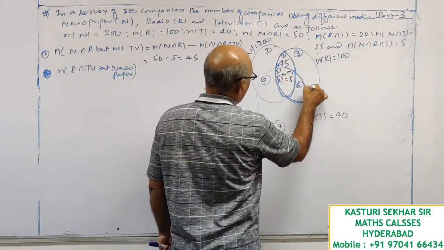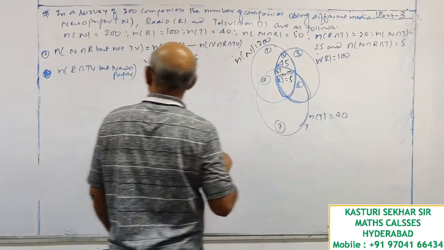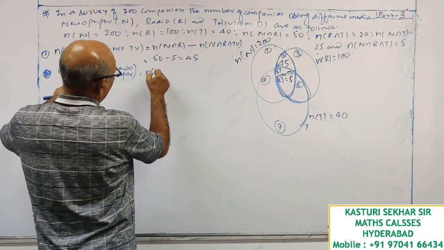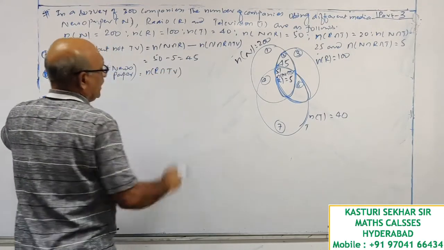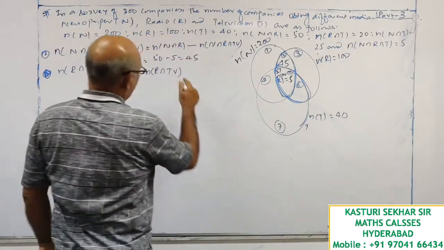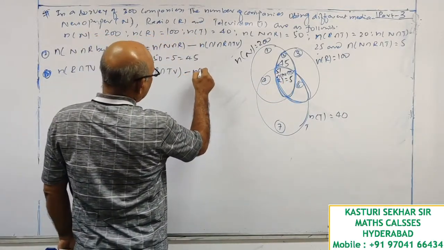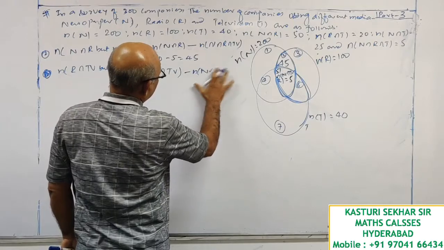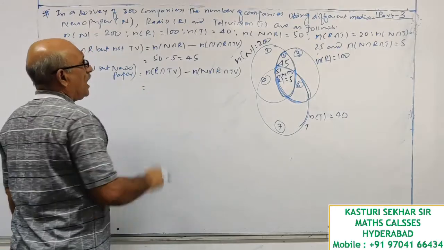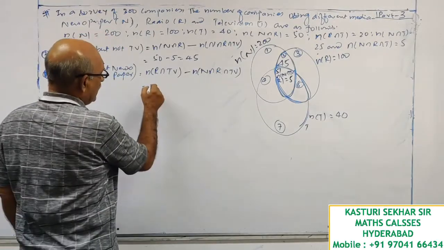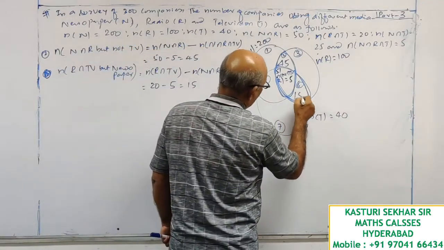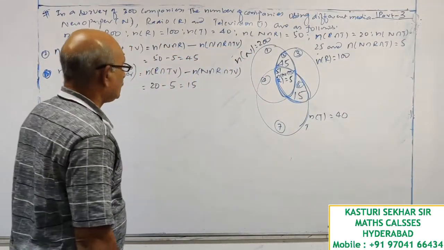This part is B intersection C, the number of companies using radio intersection TV. From this, I will subtract the common portion, n of newspaper intersection radio intersection TV. Radio intersection TV is 20, minus 5, this is 15. So this part is 15.